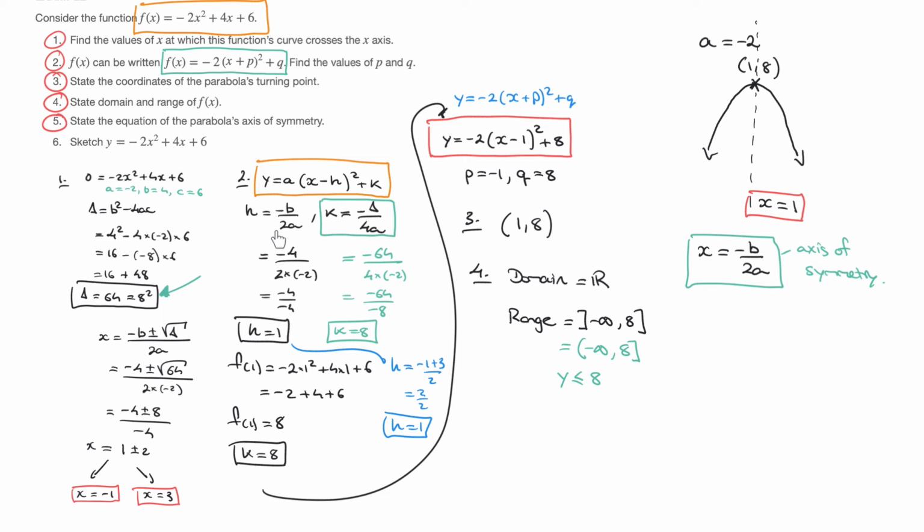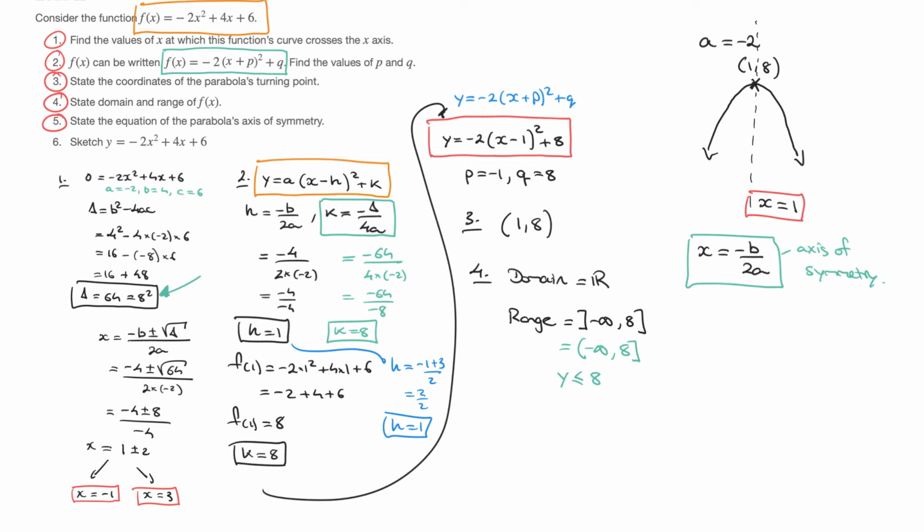It's the same thing. So when you're finding the x-coordinate of the vertex, technically you're also finding your axis of symmetry. So I don't need to recalculate that. I already have it, over here. Negative b over 2a is equal to 1. So my axis of symmetry is a vertical line whose equation is x equals 1. That's all there was to do there.